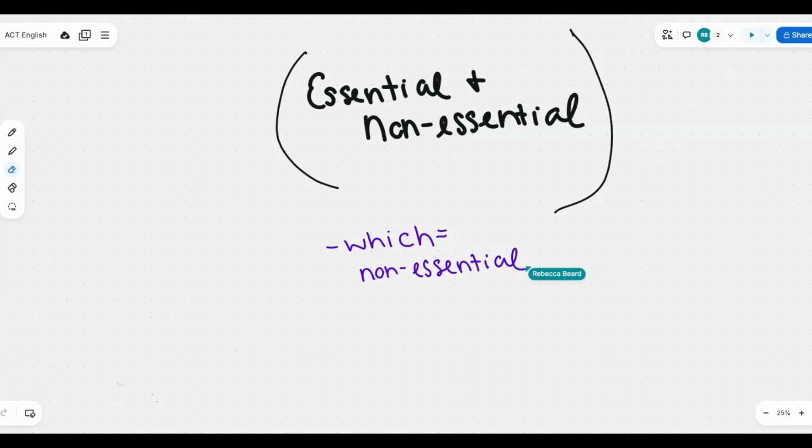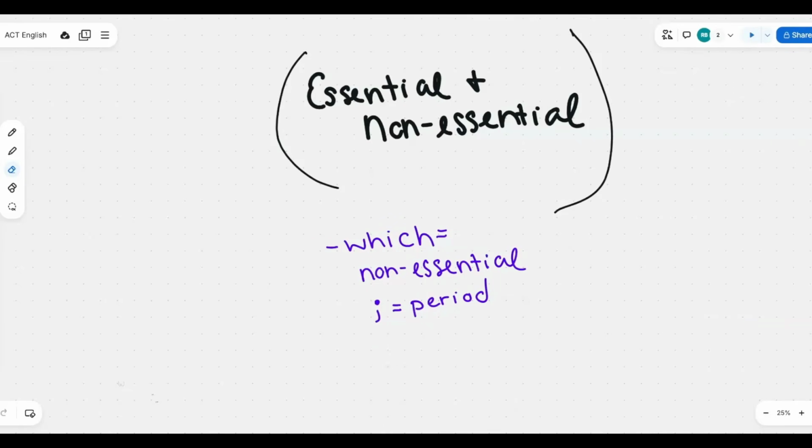One big red flag to look out for in the ACT, and this is your freebie, and you'll see it in practice: semicolons, and I know mine look like a J, are the same thing as a period in the eyes of the ACT in general. So if you're going to use a semicolon, then you're not going to use the word "which."